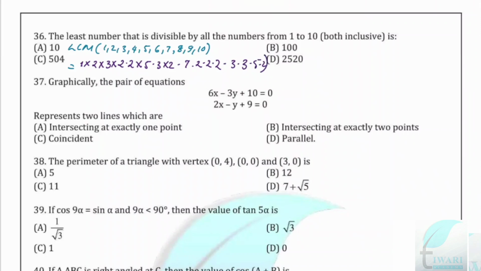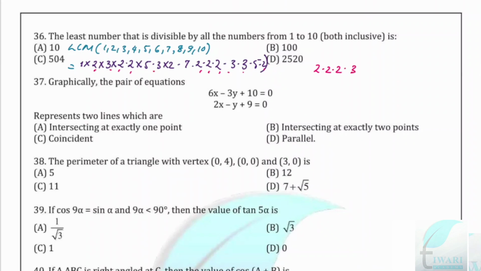So let us make pairs. How many number of 2's are there? 1, 2, 3, 4, 5, 6, 7. So 7 number of 2's are there. So we can make 3 pairs, that is 2 into 2 into 2. How many 3's are there? 1, 2, 3, 4.